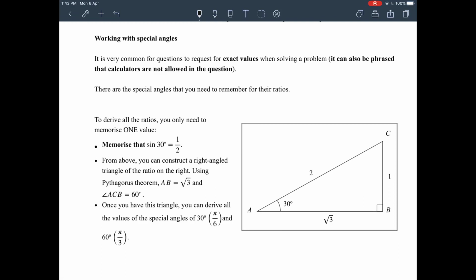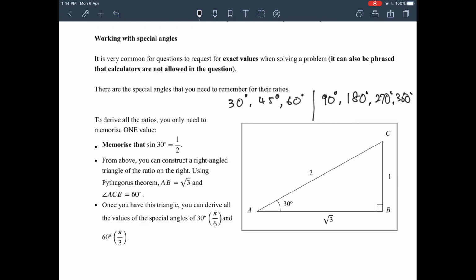So next, I'm going to explain to you how to achieve the exact forms for some of the ratios of special angles. The special angles that we are concerned with are 30 degrees, 45 degrees, 60 degrees, and on top of this we have 90 degrees, 180 degrees, and of course 270 and 360, which can all be derived from some of the ratios that you get.